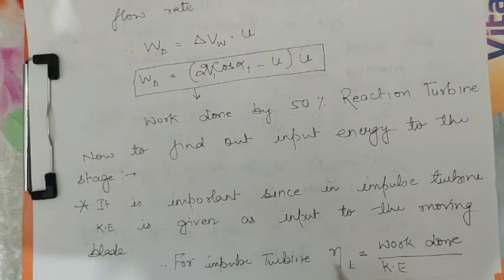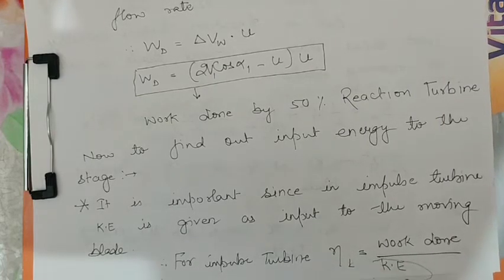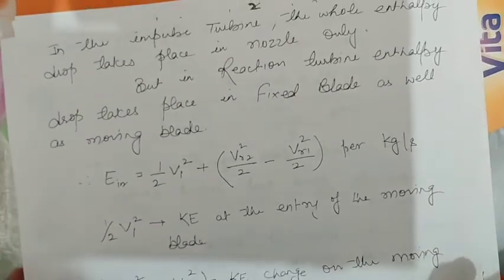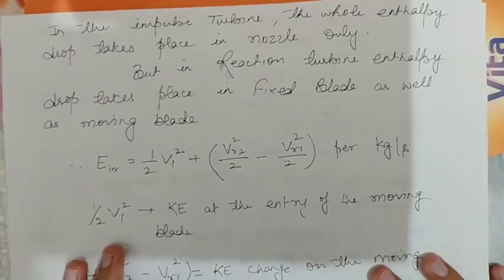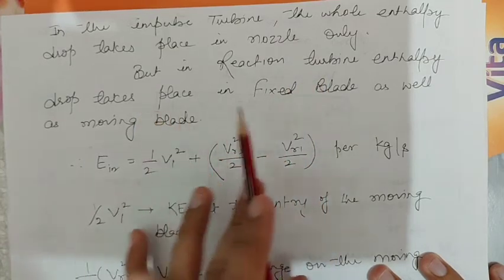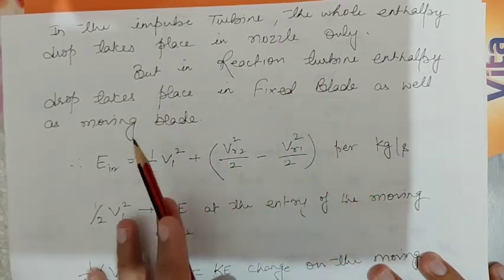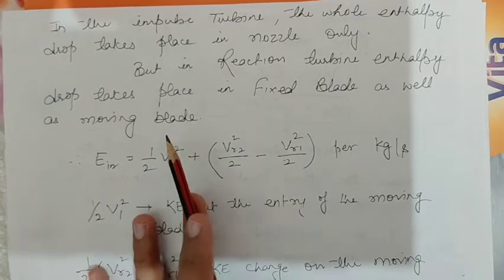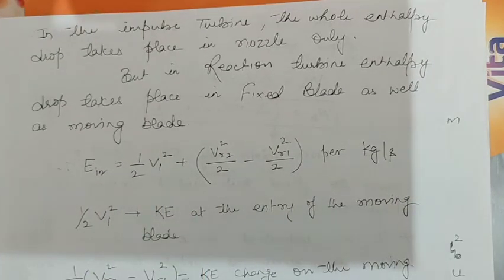So for the impulse turbine, the blade efficiency is work done divided by KE, the kinetic energy applied to the moving blade. But in the reaction turbine, the enthalpy drop takes place in the fixed blade as well as in the moving blade. So we will consider the kinetic energy change in the fixed blade part as well as in the moving blade part.